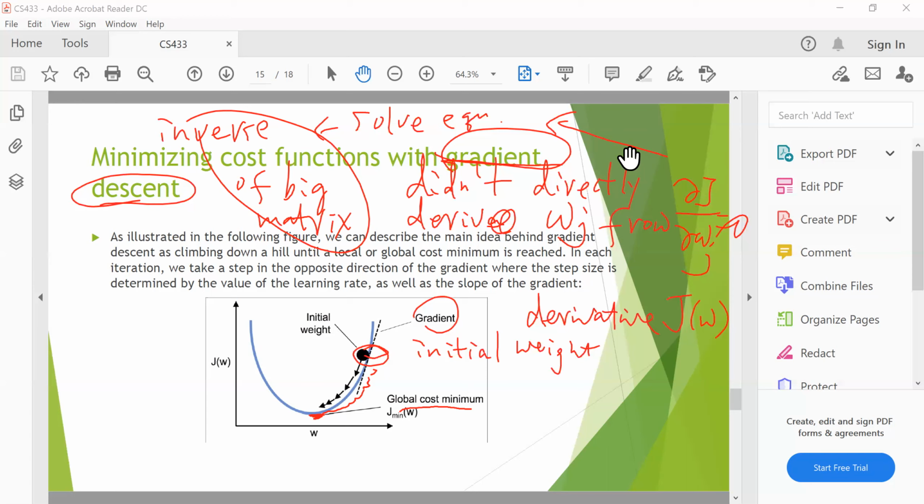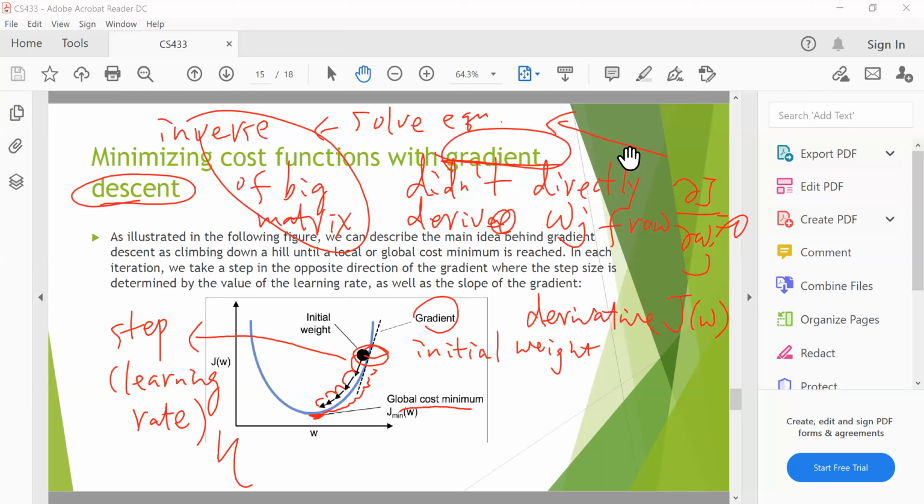Each time you take a small step to move toward that point. So how do we do the step? That's what our learning rate defines. You remember we define the learning rate, eta.